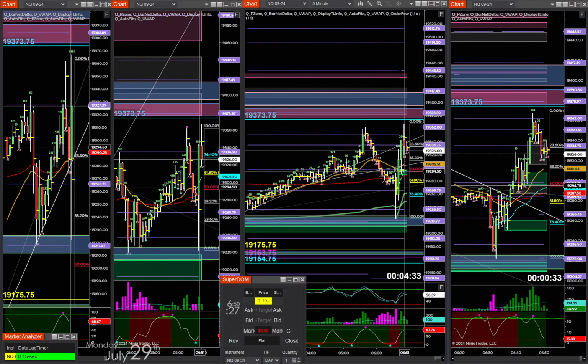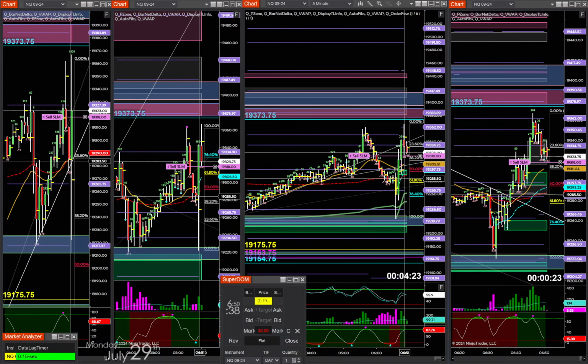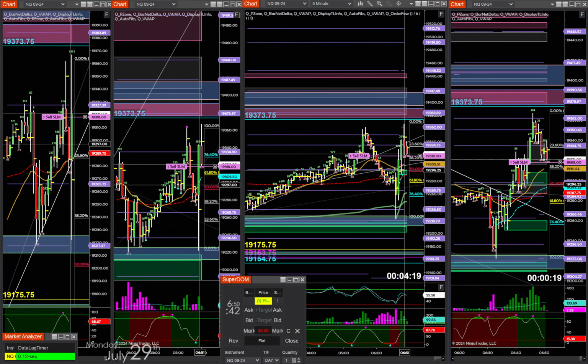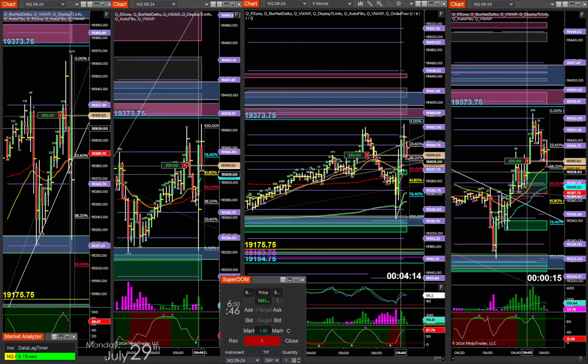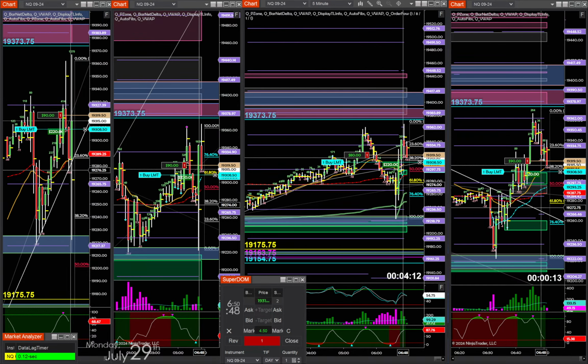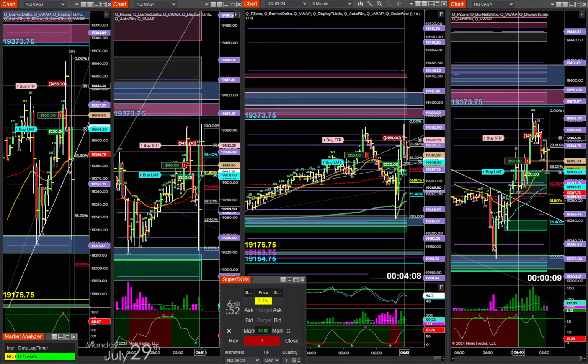It might not. So I could do a stop limit right here as well. Because it's going to break that zone, right? If it's going to break that zone, I'm in. Going to sell one there. Stop just above that.